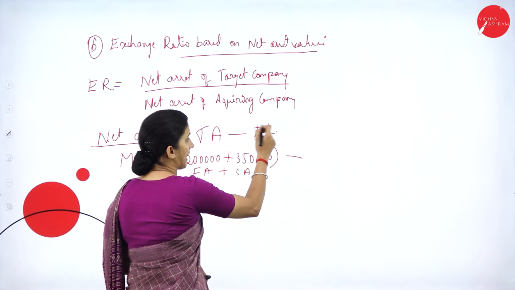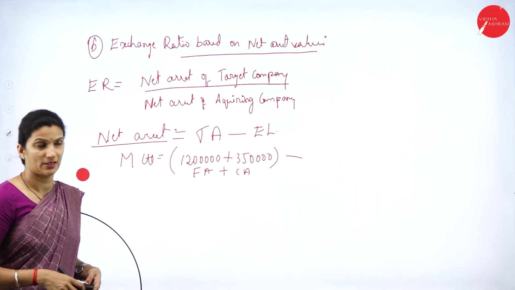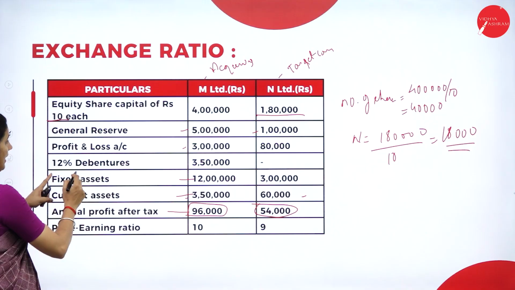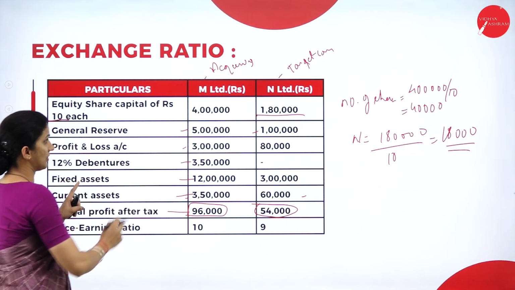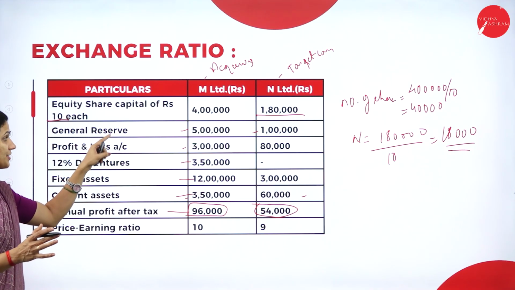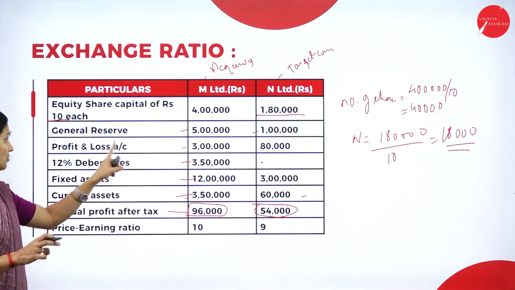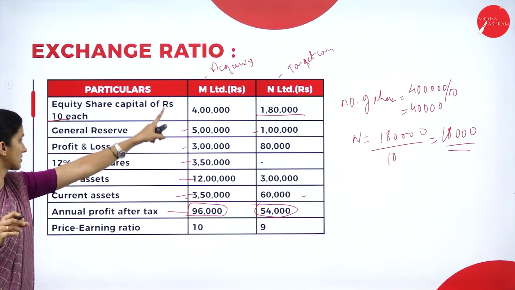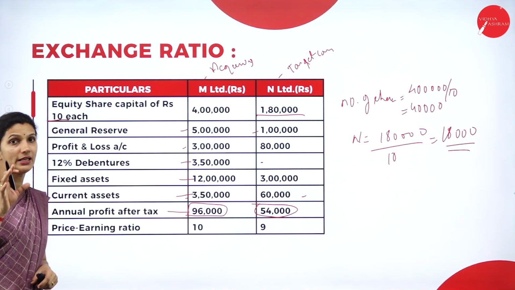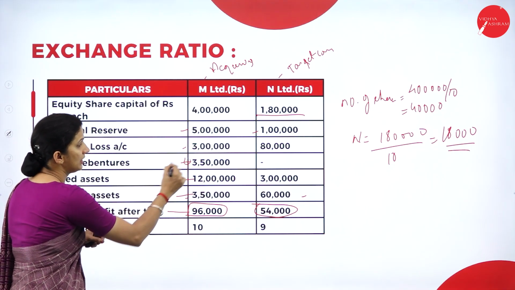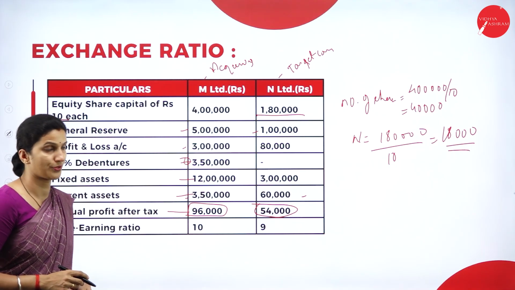Then minus external liabilities. Which liabilities do we have here? The liability they have is the debentures. The equity share capital we cannot consider. The general reserve also goes to the equity shareholders. The P&L account also goes to the equity shareholders. So these three we cannot consider as external liabilities. The only external liability we have is the debentures, which is 3,50,000.